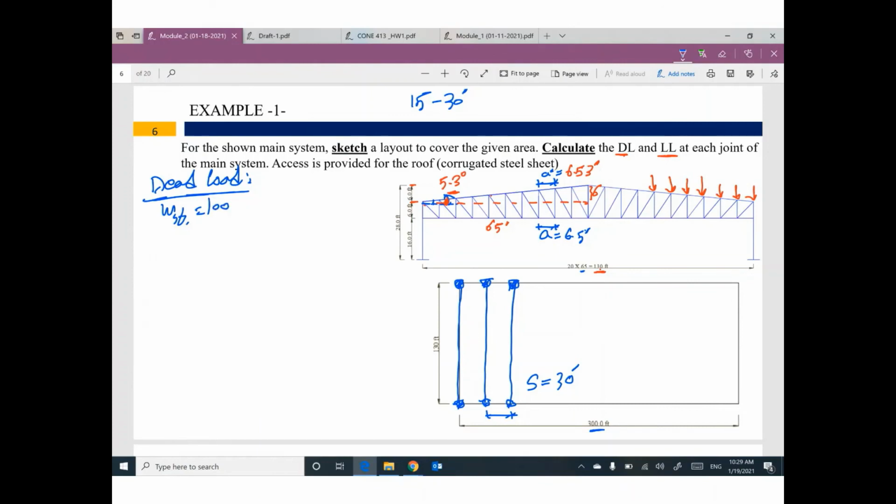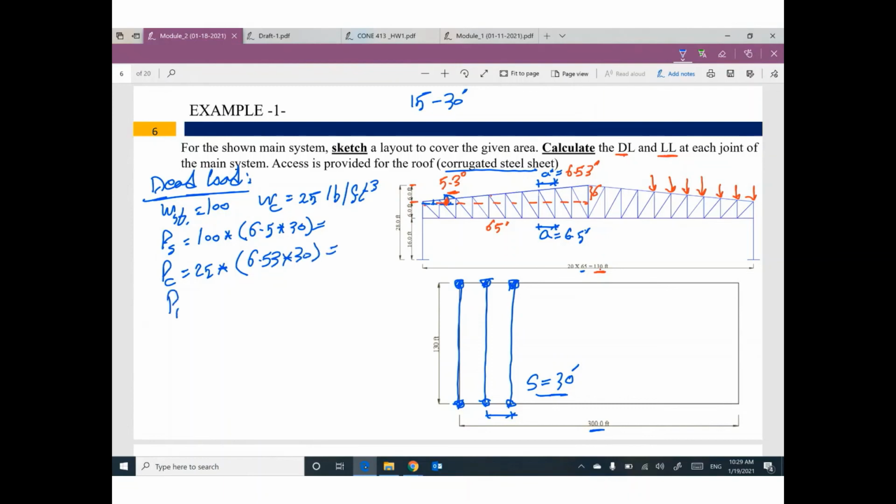We have only corrugated steel sheet, so W covering will be something like 25 pounds per square foot. So P structure will be 100 times the horizontal area 6.5 times spacing 30. P covering will be 25 times the inclined area 6.53 times 30.